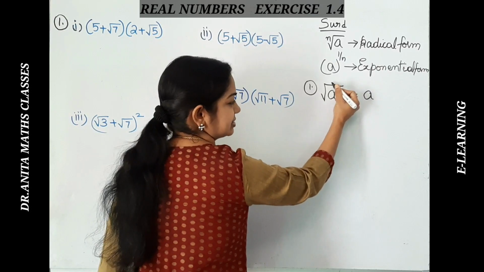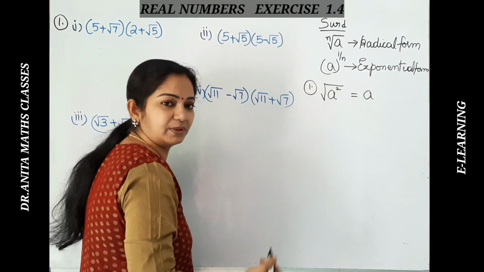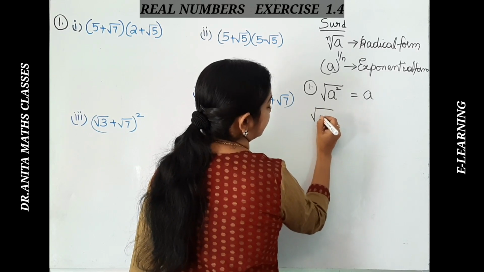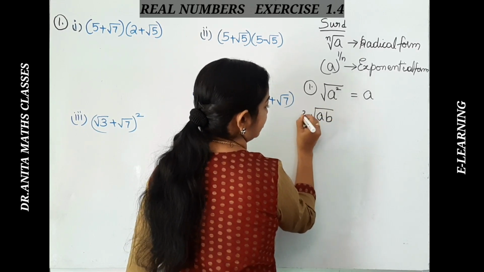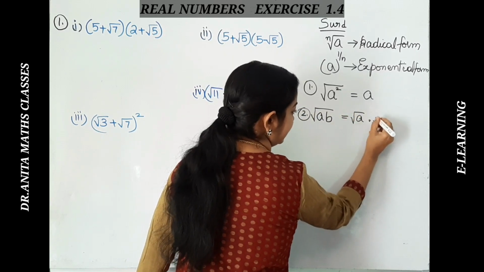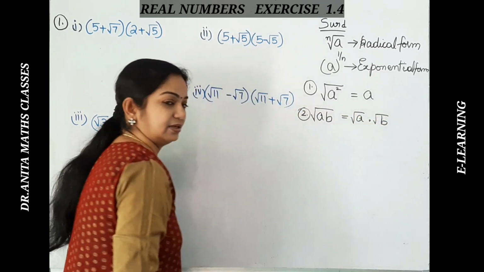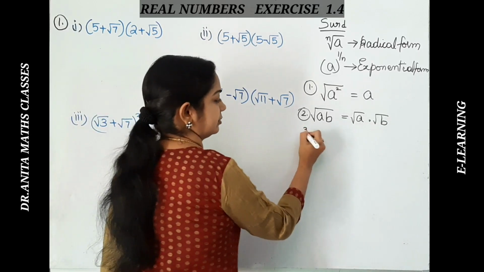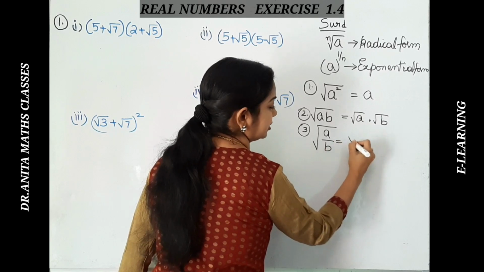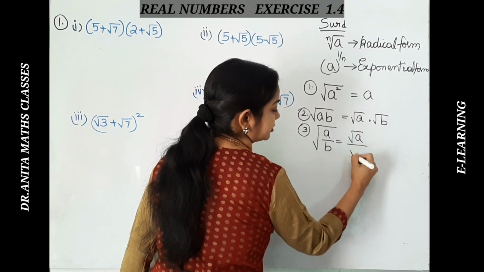Or else, the square root and the square go off and we get a. This is one operation. And the square root of a b is nothing but the square root of a multiplied by the square root of b. Also, the square root of a upon b is equal to the square root of a upon the square root of b.